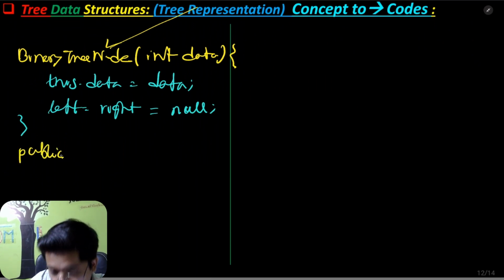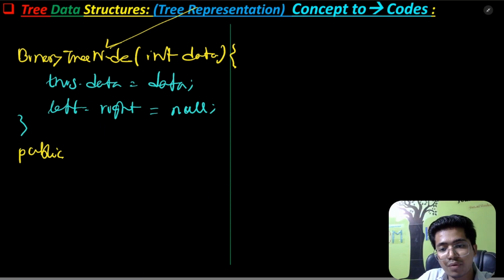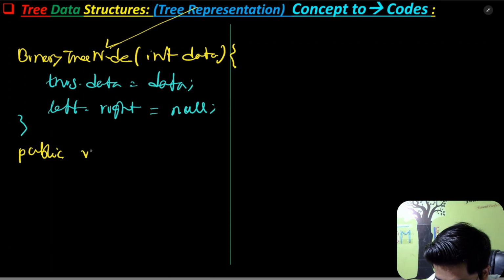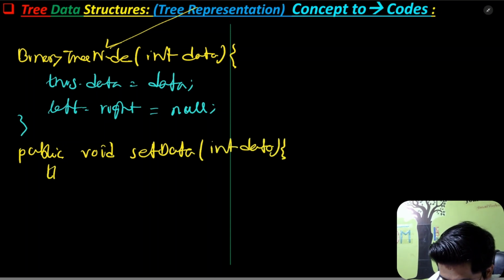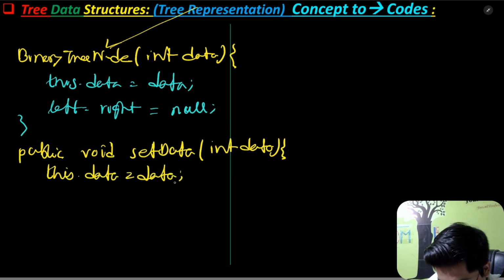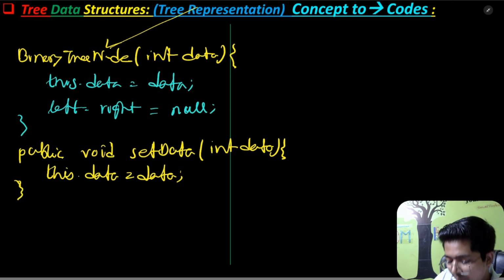Public void set data, integer data. We are using public because we want to call it from anywhere. And we just assign it like this: this dot data equals data.